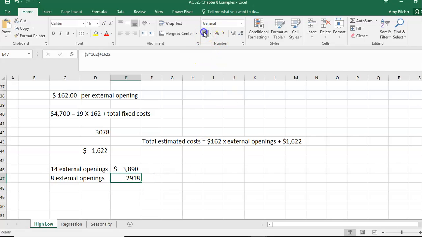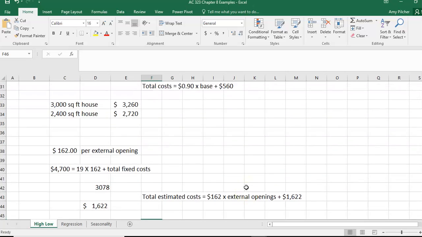The company can use either method for creating a cost equation that they can use to give future estimates on projects.